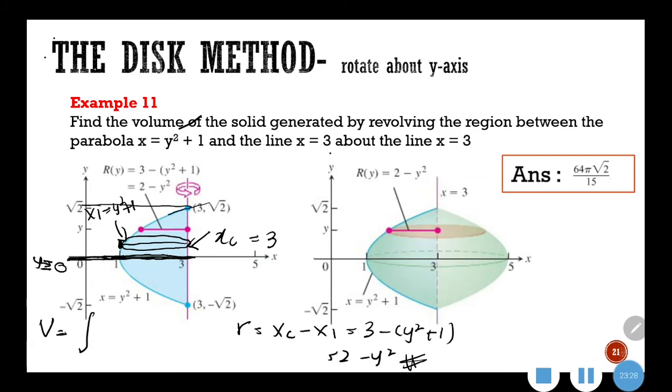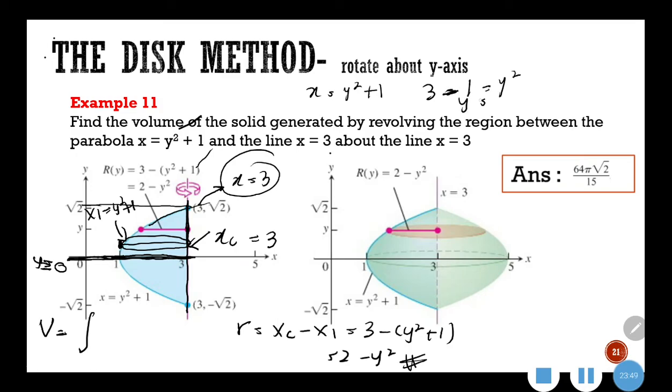At this point dia sampai kat sini dia punya region. This is when x equals to 3. So when x equals to 3, what you will get for y? Kita ada equation ni, x equals to y square plus 1. So when x equals to 3, 3 minus 1 equals to y square. So your y is equals to plus minus square root 2.